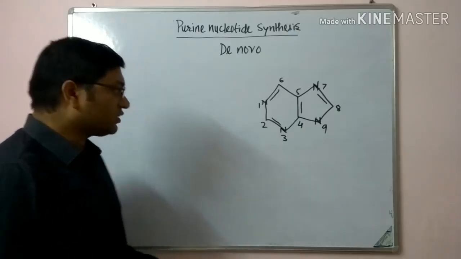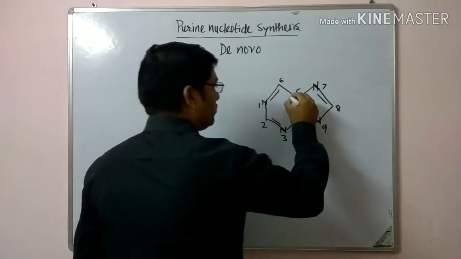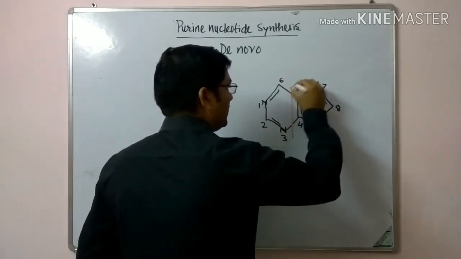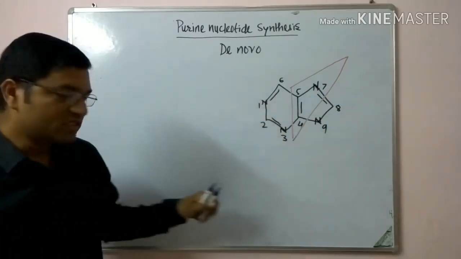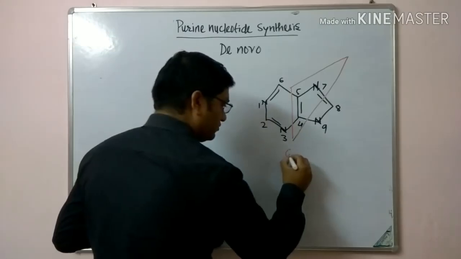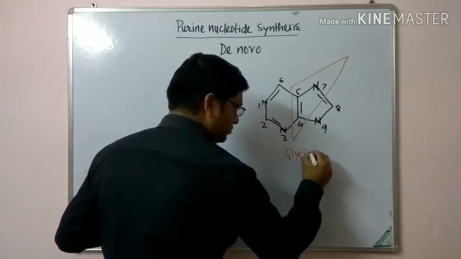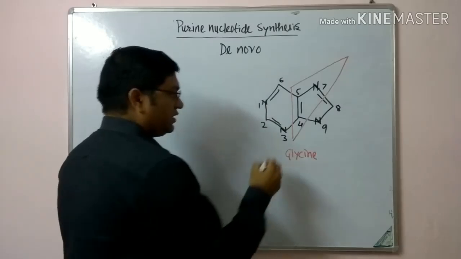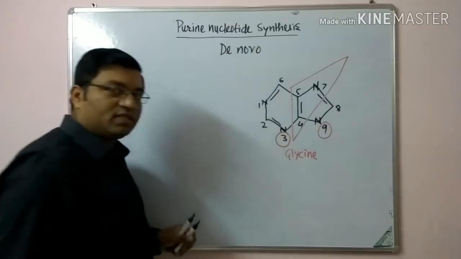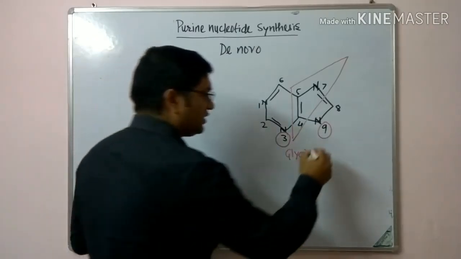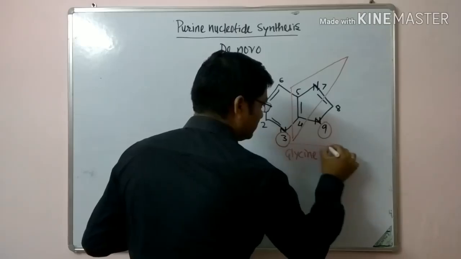In this purine structure, C4, C5 and N7 are from glycine. N3 and N9 are from the amide nitrogen of glutamine.